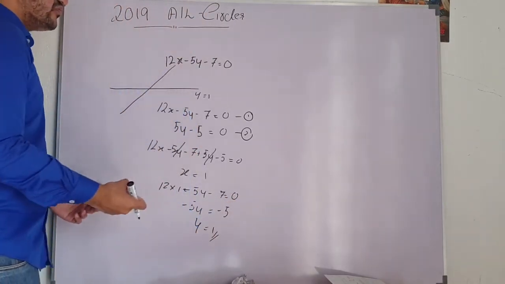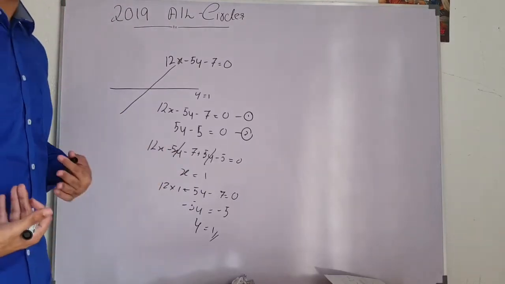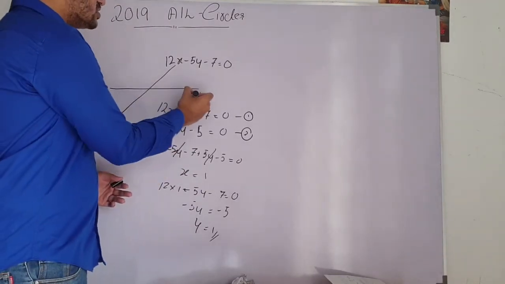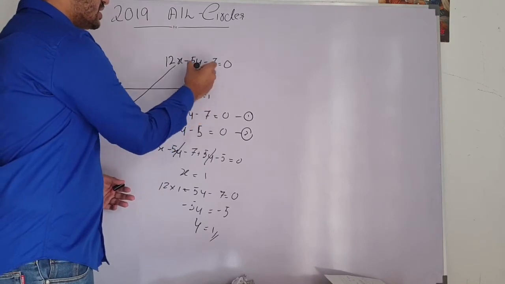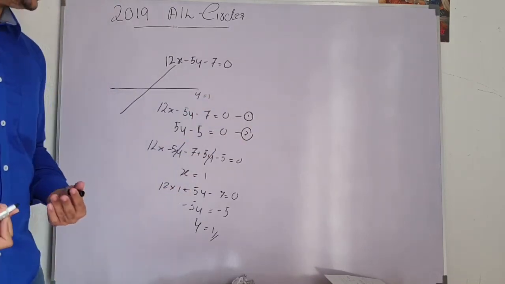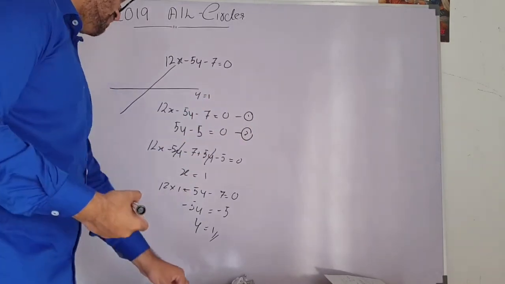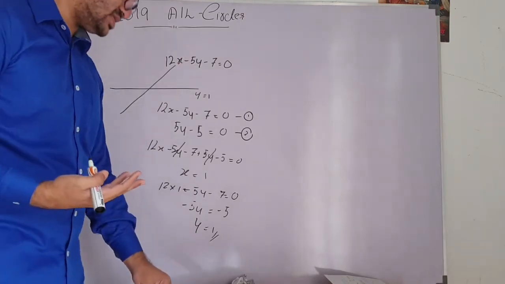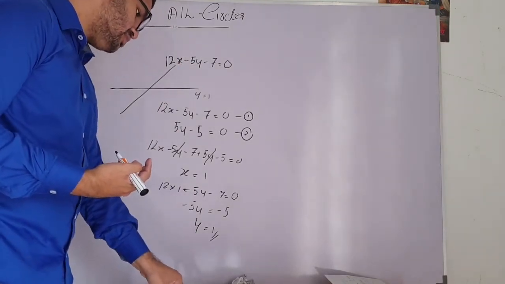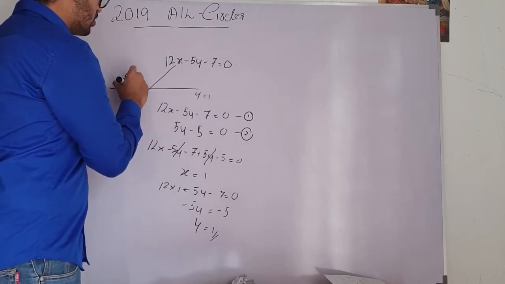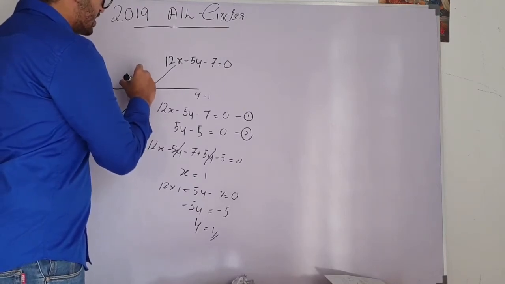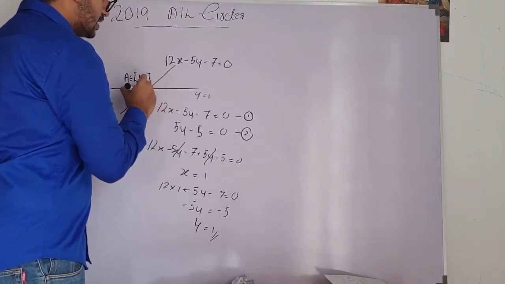I just did this for you to get the actual understanding of this. But if you just substitute y equals 1 here, then also you can get the correct answer. You can do both of these, but this is just for your preference. So now we have found the point of intersection A, where they intersect. Therefore I can write 1 and 1 right here.